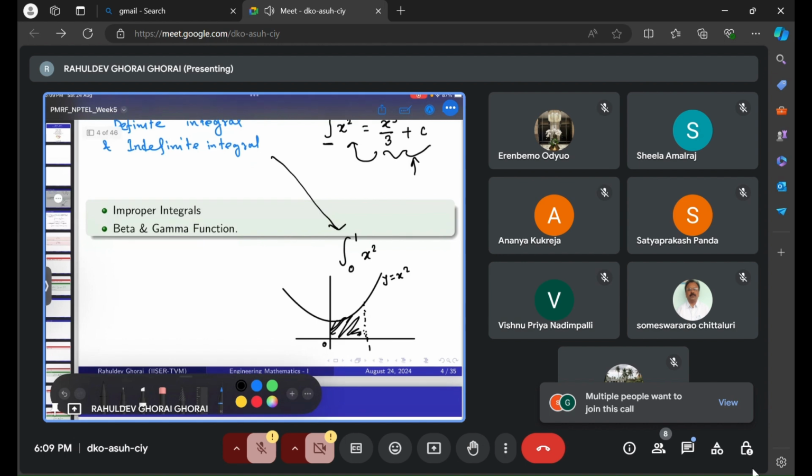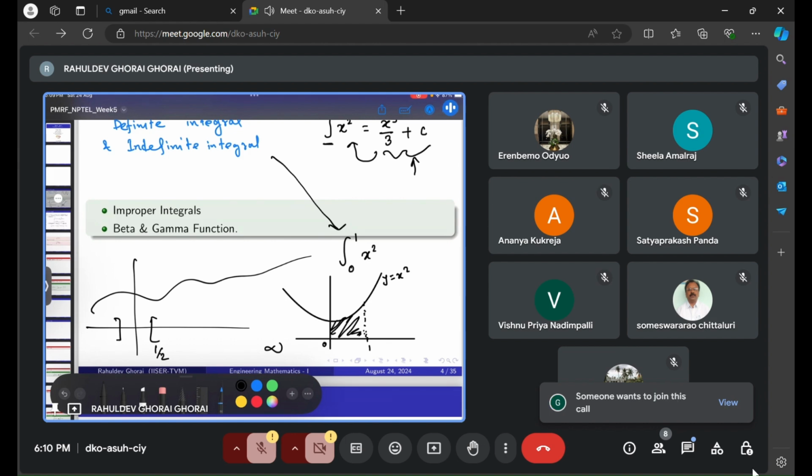Now, these integrals can be of many types. Suppose you have a function that keeps on going and you have to integrate from, let's say, a point half to infinity. That domain is an unbounded domain. Or you have to integrate from -1 to minus infinity.